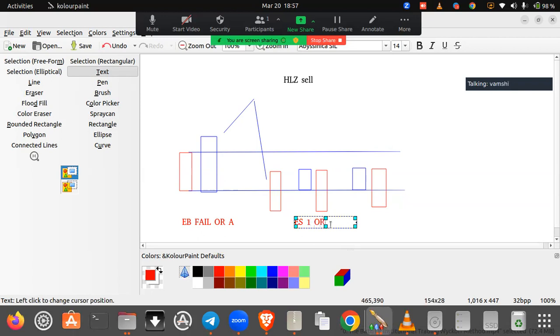ES1 or first confirmation. And this one is engulfing sell 2 or second confirmation.